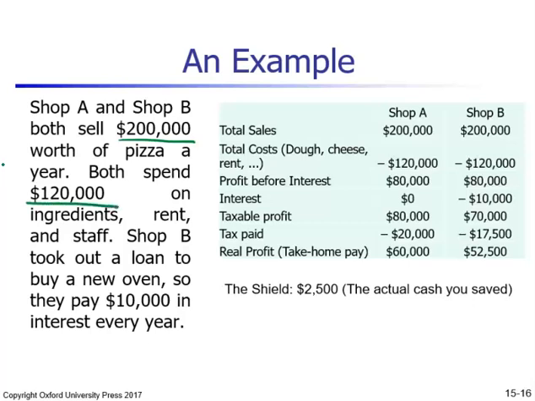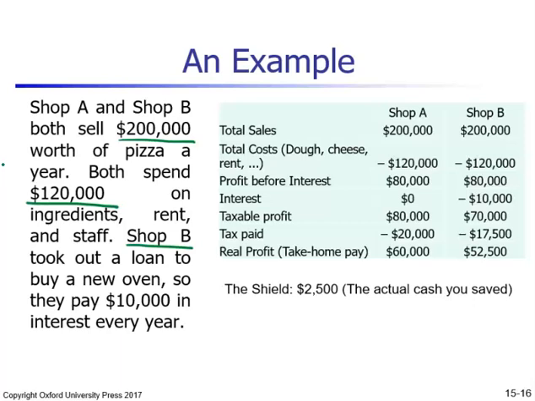We are not going to get into the details of accounting. We handle this problem from the perspective of a financial manager. The only difference between these two shops is that shop B got a loan to buy a new oven, and for that loan, they have to pay $10,000 every year.